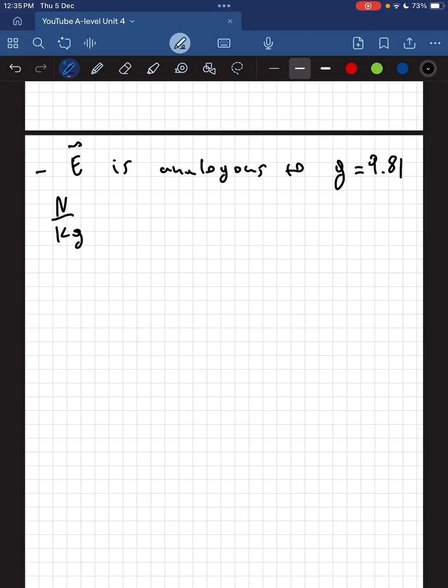This is maybe unfamiliar to some of you. Let's quickly see that newtons per kilogram are equivalent to meters per second squared, because 1 newton is 1 kilogram times meters per second squared, but we are dividing by kilograms, so we get meters per second squared. So E is analogous to g for electricity.